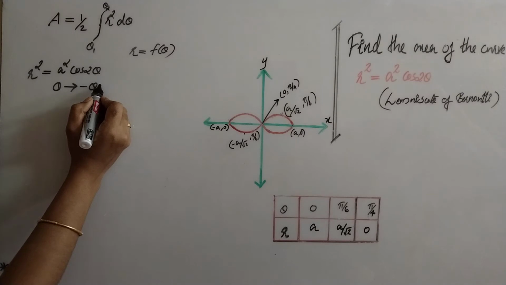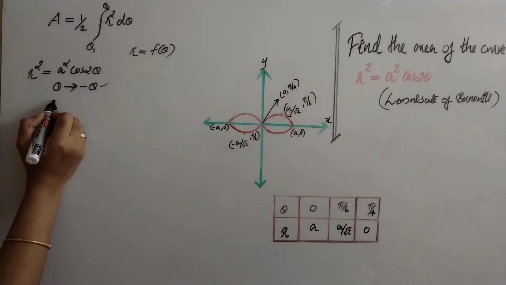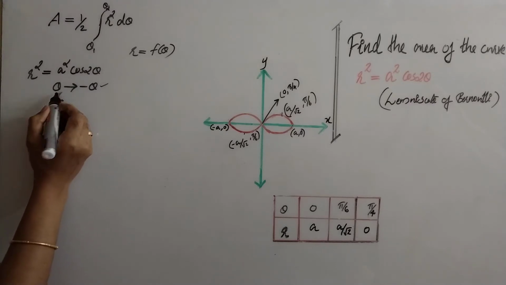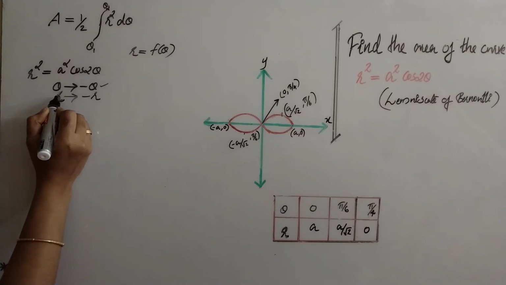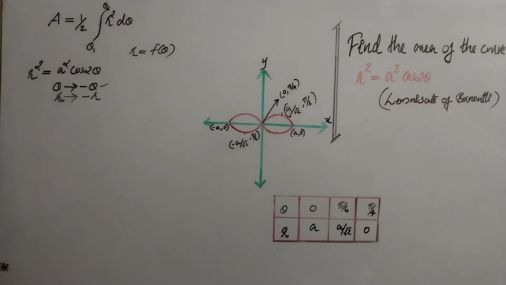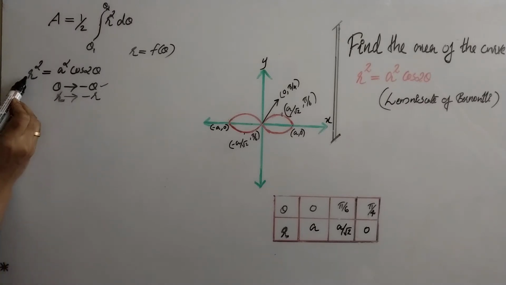So, if we change theta by minus theta, it does not alter the given equation. Similarly, if we change r by minus r, then also the given equation has no change. Here the power of r is 2. So, if we change r by minus r, it does not alter the given equation.